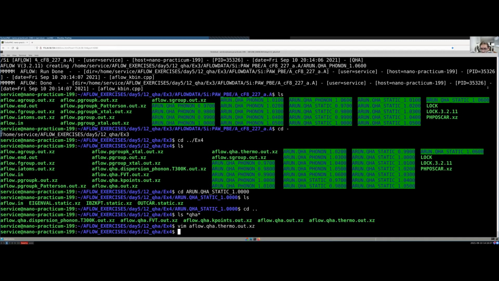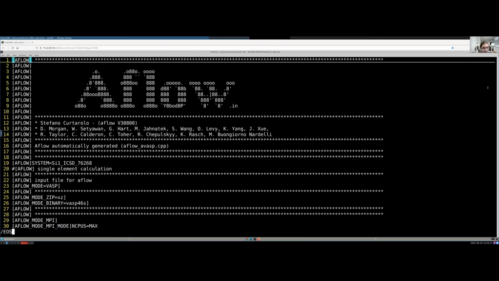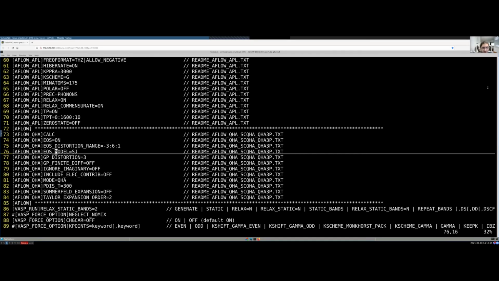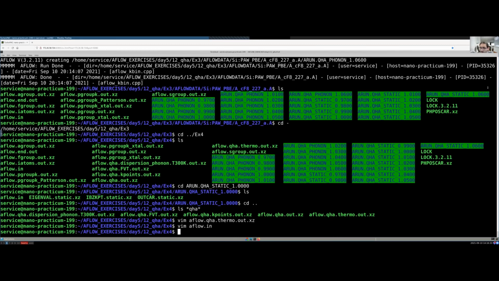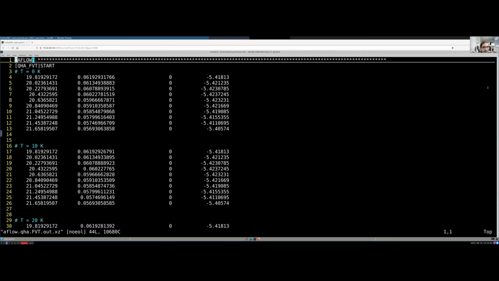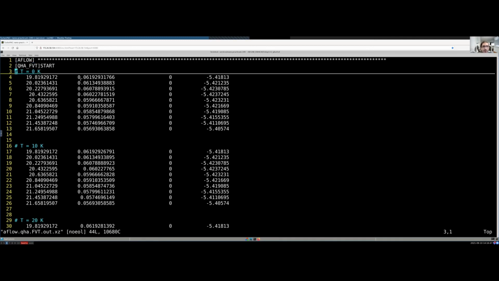Also, a very useful thing I want to mention is that when you specify the EOS model you want to use, you can actually specify several separated by commas. So for example, if you have SJ, BM2, QHA will automatically do the calculation with SJ and Birch-Murnaghan second order equation of state, and all of the data will be saved into the AFLOW-QHA thermal out file. If you want to have a look at how free energy depends on the volume and temperature, you have it in the AFLOW-QHA FVT file, where it is grouped in blocks for different volumes and different temperatures.